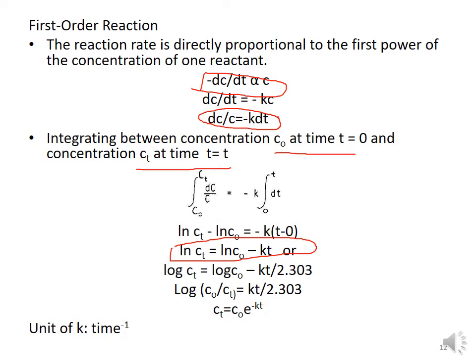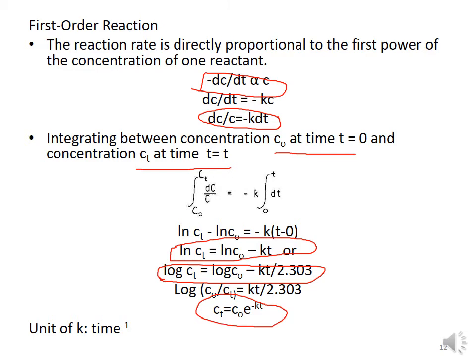Natural log of the concentration at time equals t equals the natural log of the original concentration minus reaction rate constant multiplied by the time, or we can take it also as log to the base 10. Log C at time equals t equals log C naught, the original concentration, minus reaction rate constant multiplied by the time and divided by 2.303, or we can also write it as an exponential relationship.